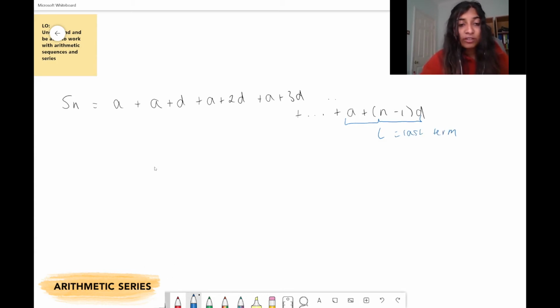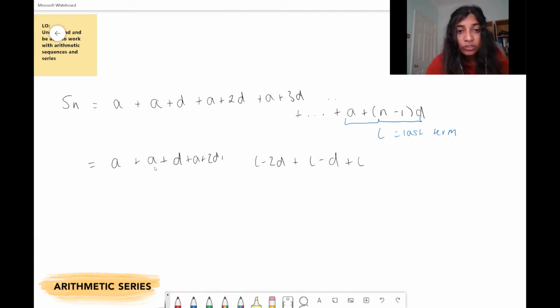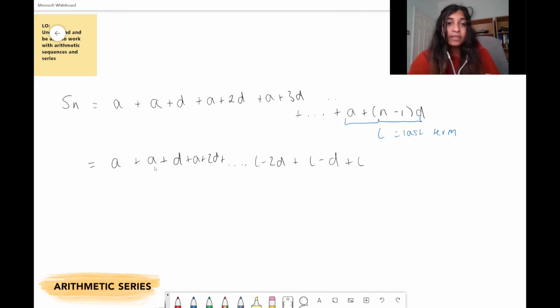So if we were to rewrite this sequence, we would have a, a plus d, and so on, all the way to L. And if we were to go backwards, the second last number in the sequence would be L minus d, and then the next would be L minus 2d, and this would be a plus 2d, and this would continue the other way until they eventually meet.